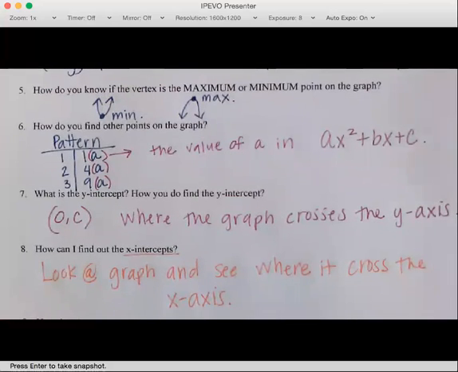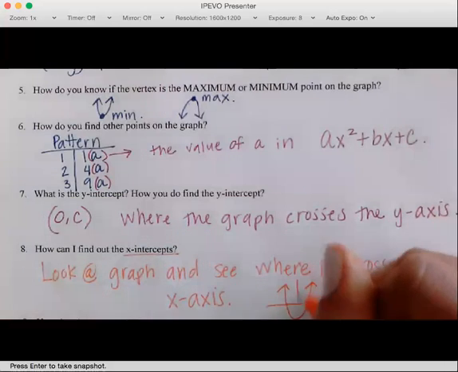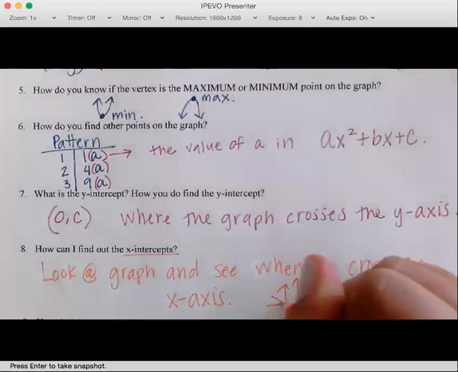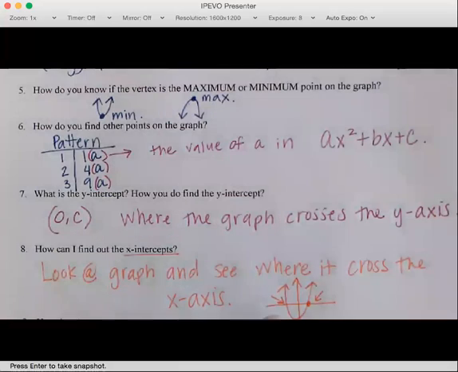Look at the graph and see where it crosses the x-axis. So remember the x-axis is here. We'll call this the y-axis. These are your points. In this case, I just drew a picture of something where it has 2 x-intercepts, okay? Whereas we just drew a graph where it only has 1 x-intercept.